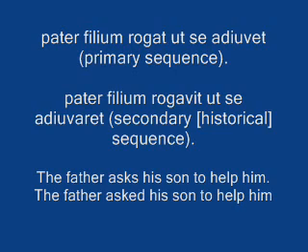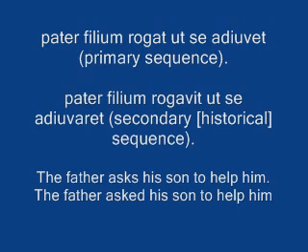Then, since it's now in a historical sequence, in a secondary sequence, it's going to be followed by an imperfect subjunctive: pater filium rogavit ut se adiuvaret. Just like we would expect, we have a past tense main verb, the perfect, secondary sequence, and we have an imperfect subjunctive.